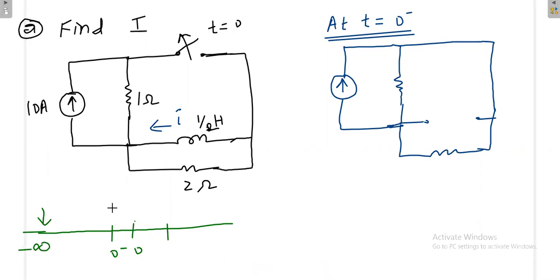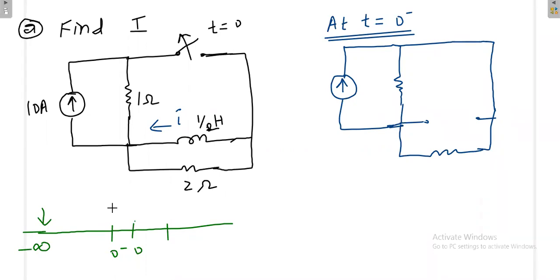Once you analyze the circuit behavior, that we call a transient. Before you switch, there will not be any disturbance in the circuit. Take your house circuit itself: before switching on, there will not be any fluctuation. The moment you put the switch on, or the moment you switch it off, there will be fluctuation. But before you do the switching operation, there is no fluctuation. That means the circuit is in steady state.